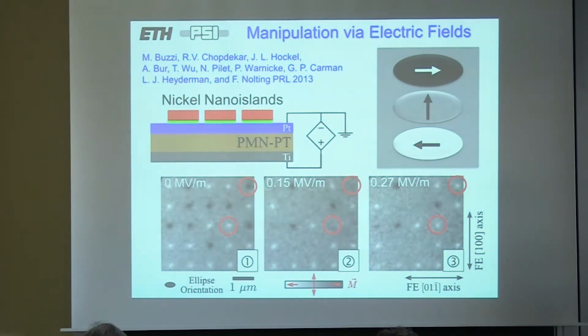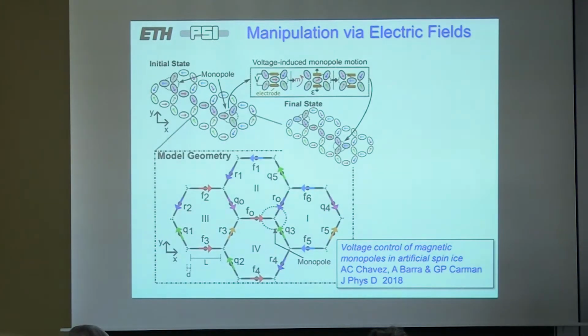So this just shows a first demonstration of how you can control the input states with an electric field. And actually Greg Carman and his group have recently published a paper where they show the control of the flipping of a single magnet in an artificial Kagome spin ice array using an electric field.